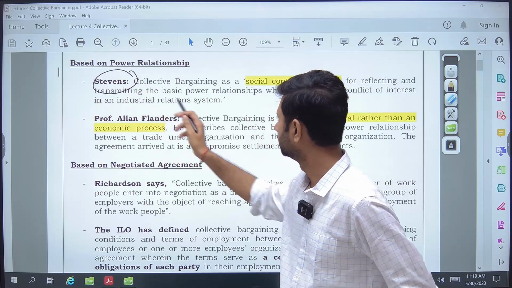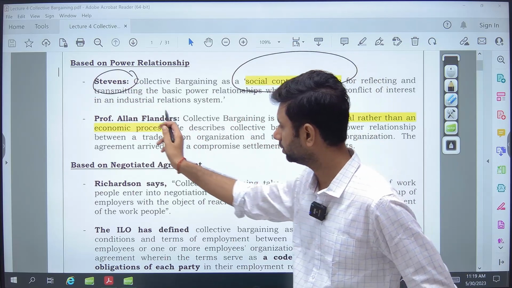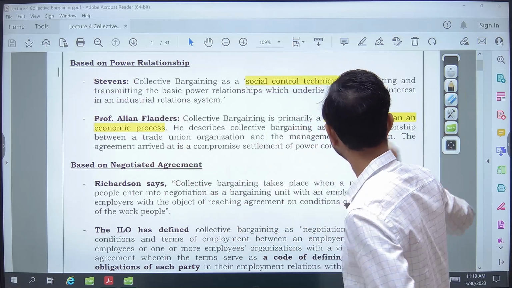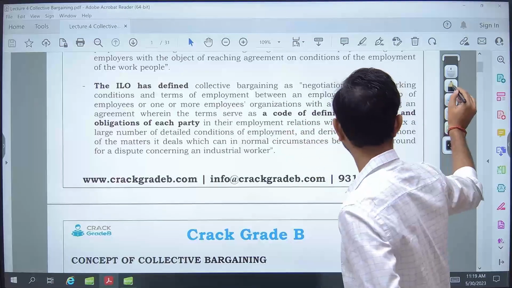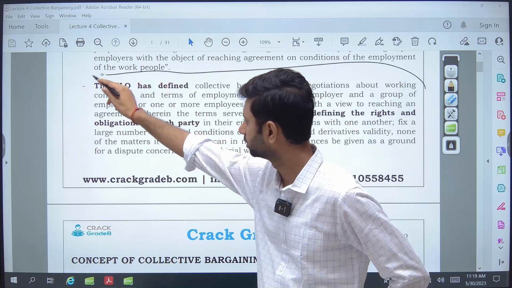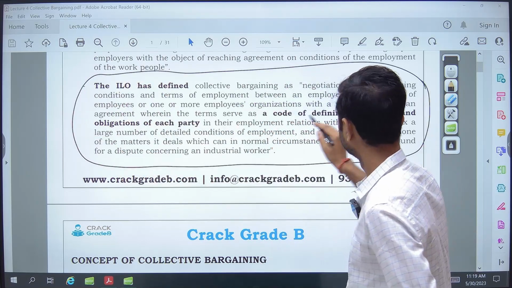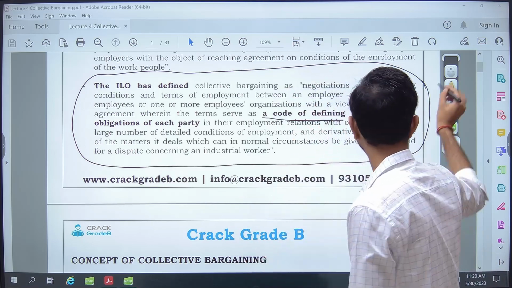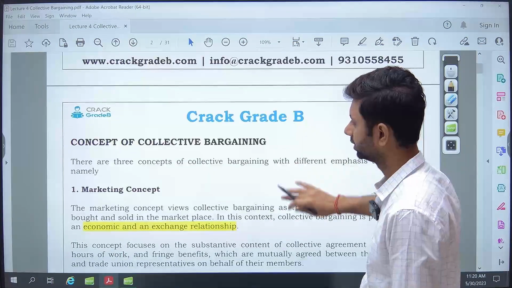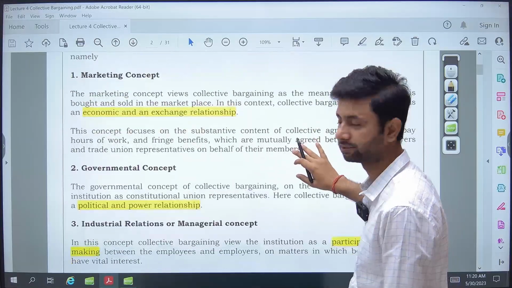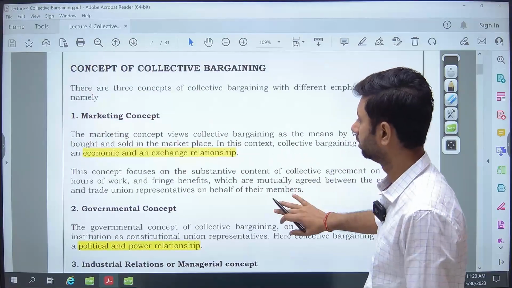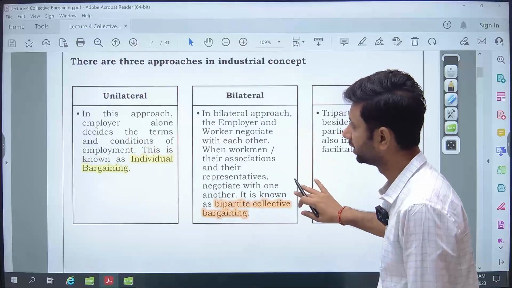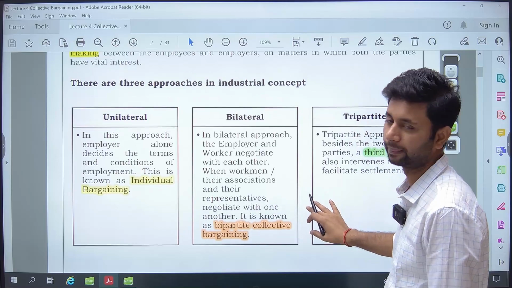Learn these scholars, learn these key terms. Especially learn this definition, have a look at it. It becomes important because ILO is a very prime international organization with respect to industrial relations and collective bargaining. Based on different emphasis, we've talked about different definitions or conceptual approaches to collective bargaining.